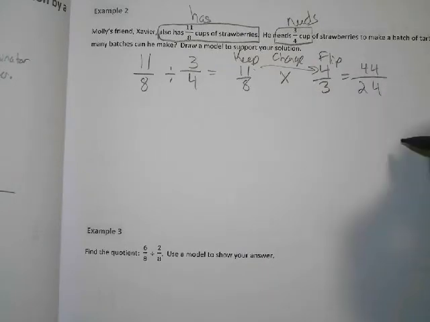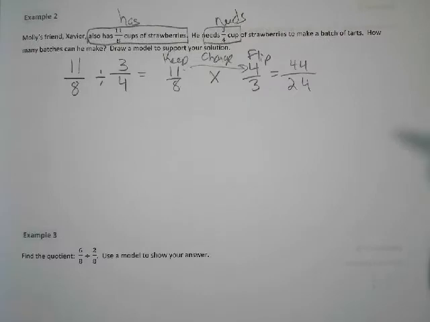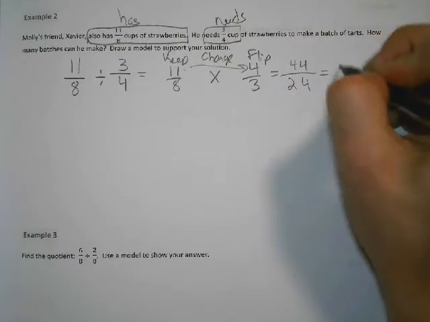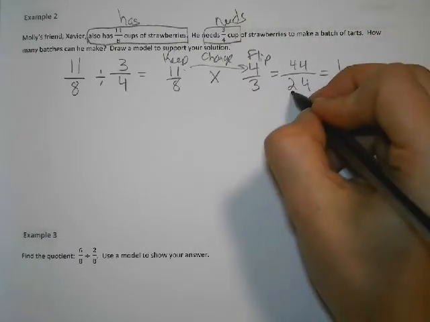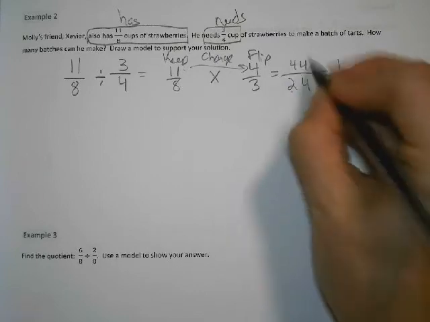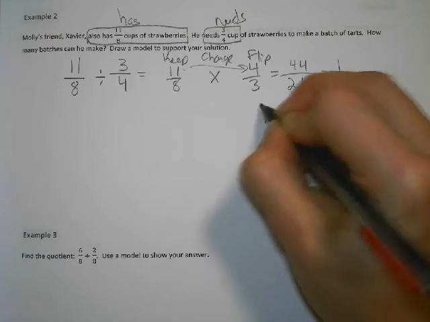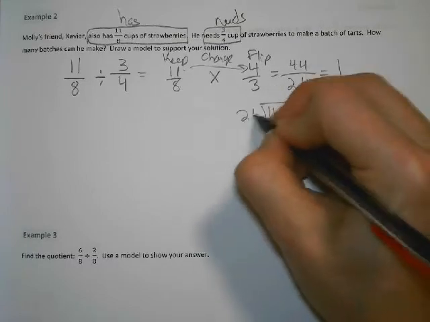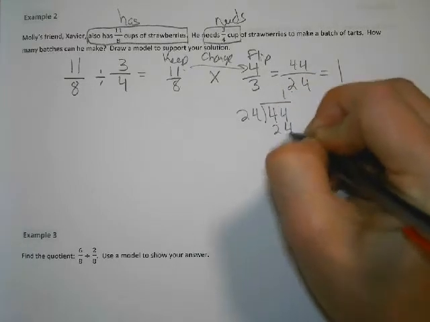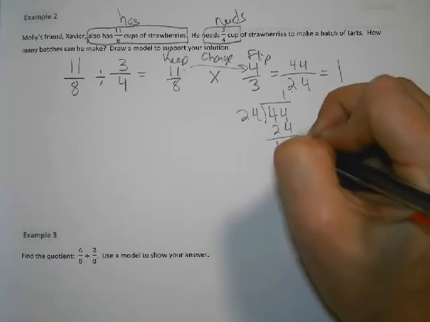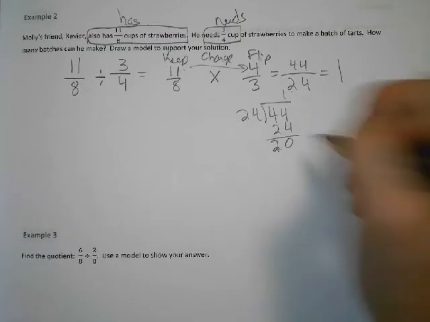And then we have to simplify this. So 44 divided by 24, I know it's going to be a 1 because 24 times 2 is 48, and 44 is less than that. So then I just need to subtract to find out what will go in my fraction. So it goes in there once. I have a 24. That gives me a 20 as the remainder.